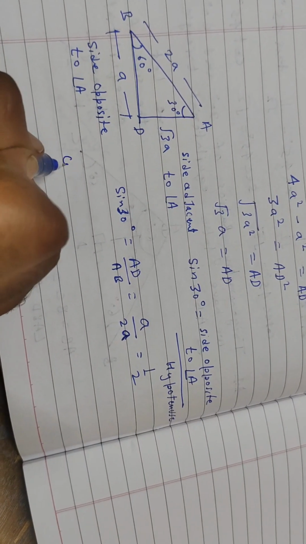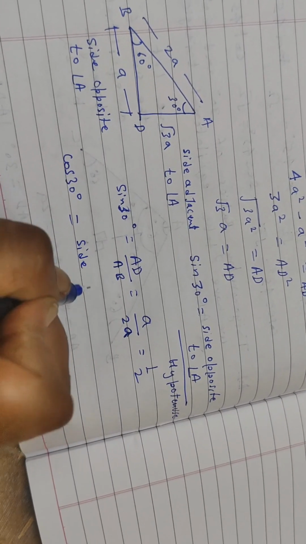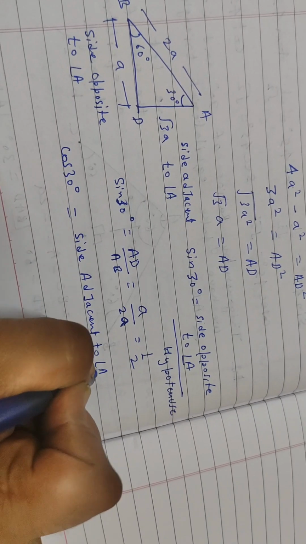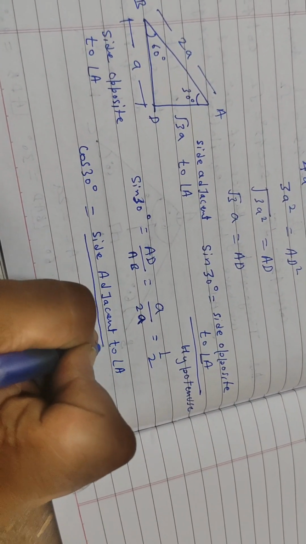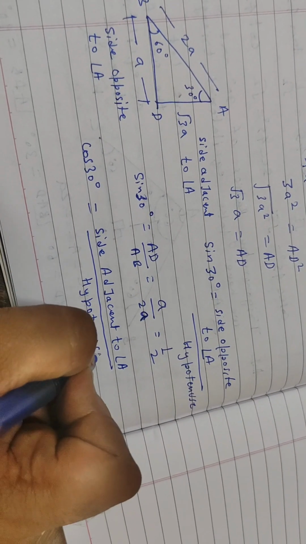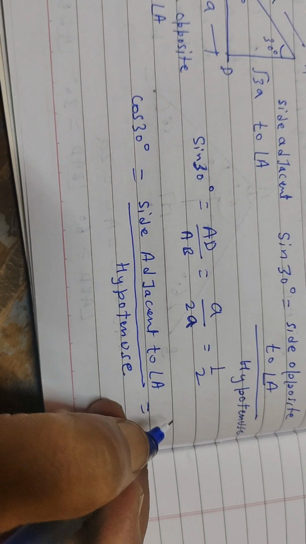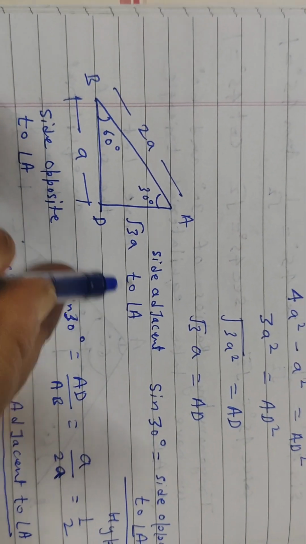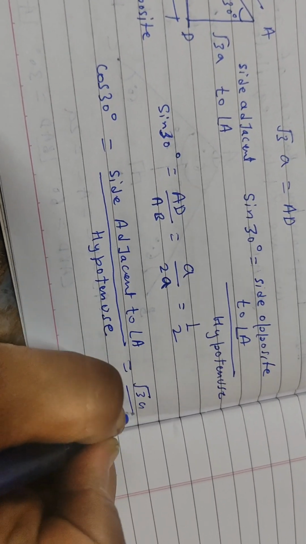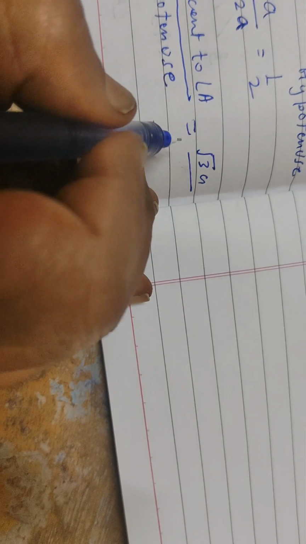As you see, same for cos 30, which is equal to side adjacent to angle A over hypotenuse. Side adjacent is root 3A and hypotenuse is 2A.